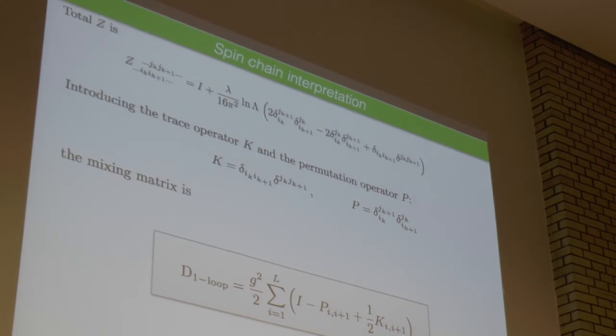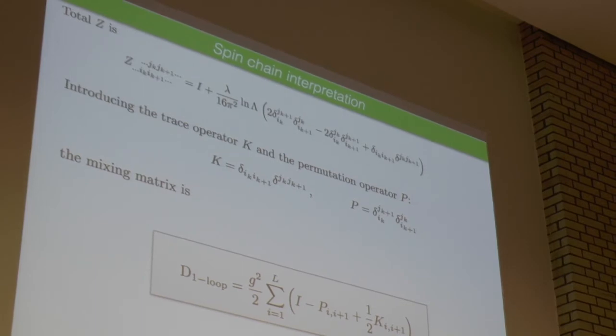So this is how it looks like. And in the following, it's convenient, when you look at this structure of Kronecker deltas, you will see that one of these products, namely, I think the first one, should be identified with a permutation operator. And the other one is another operator, which is called K, and it's called a trace operator.